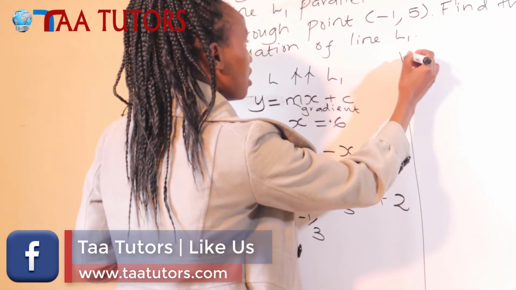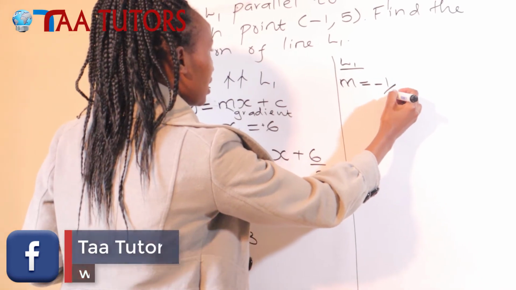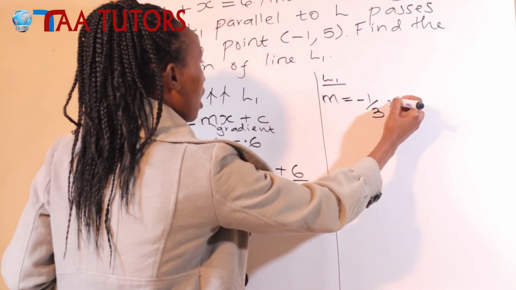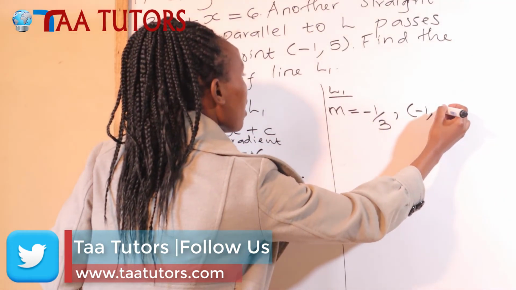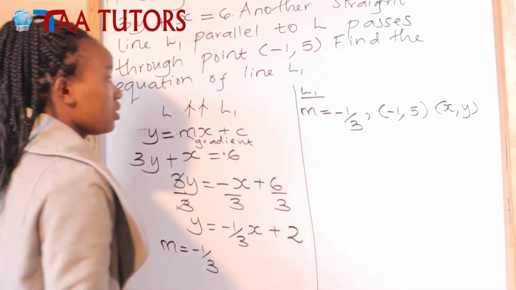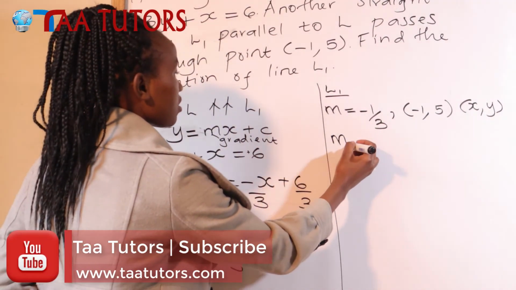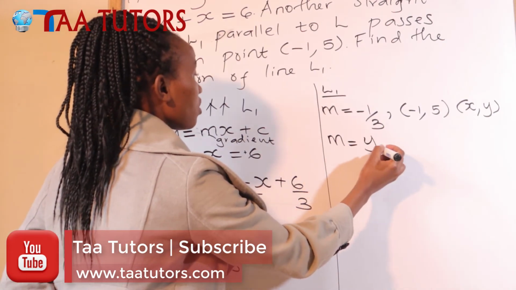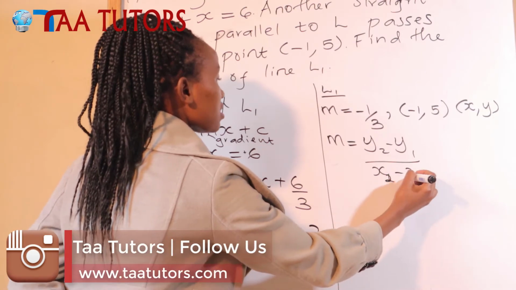So now we can find the equation of L1. To find the equation of L1, we need the gradient, which is -1/3. Then L1 is passing through the point (-1, 5), and we take another unknown point where L1 is passing through, which is (x, y). The formula for the gradient of a straight line is m equals y2 minus y1 over x2 minus x1.